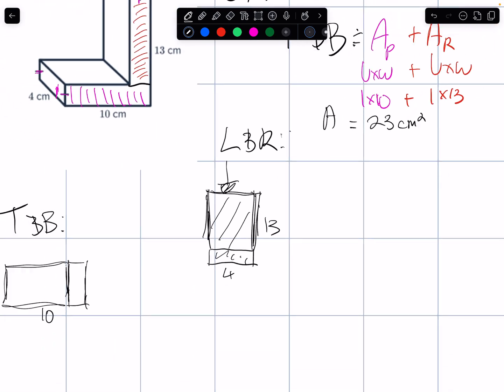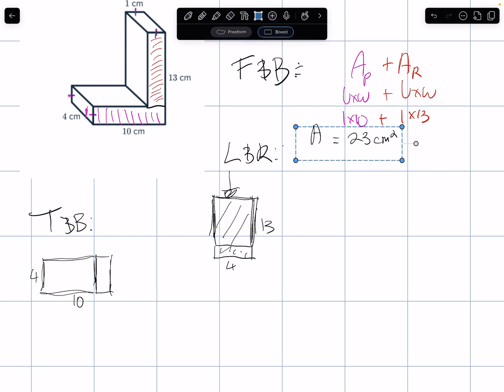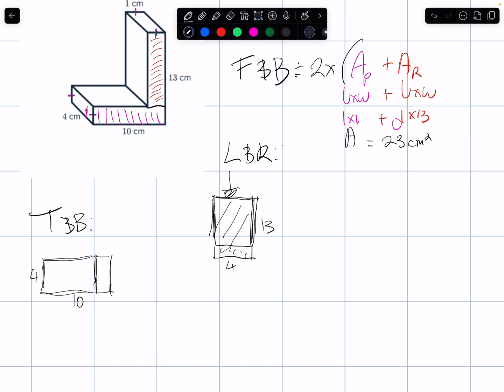All right, now let's look at our left and right. Oh, actually, that's the area of our front face. The area of the front and back is 2 times this.